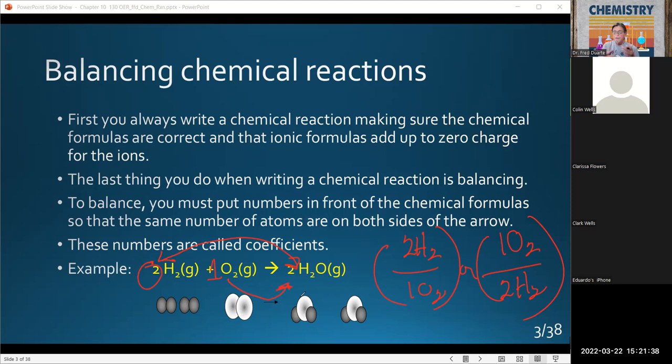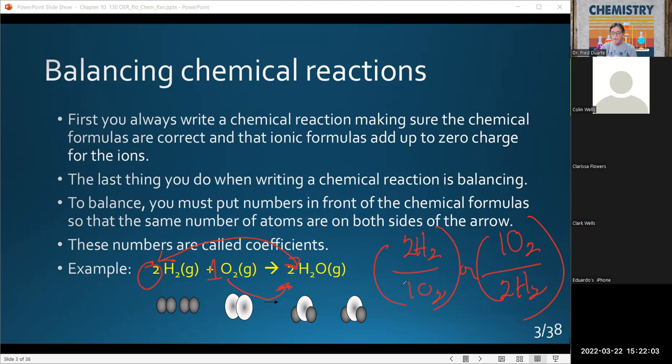Now we can do calculations, because remember when we did the unit calculations, I always stated, remember, the units we want to end up with at the end will be the numerator. And so we have a problem that says, if I have 10 molecules of oxygen, how many molecules of hydrogen do I need?